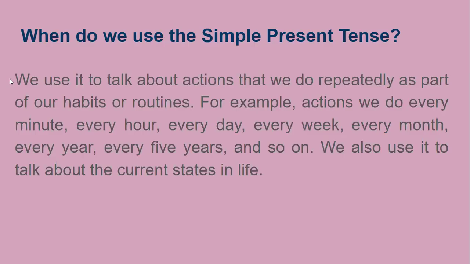We use it to talk about actions that we do repeatedly as part of our habits or routines. For example, actions we do every minute, every hour, every day, every week, every month, every year, every 5 years, and so on.